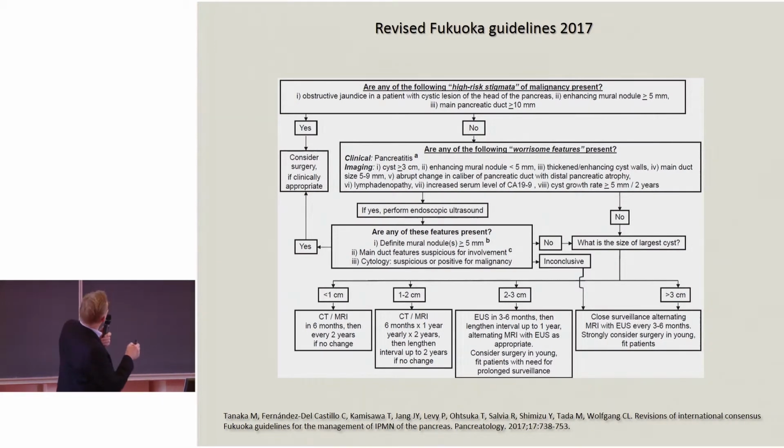Then there are some worrisome features. This is a cyst more than 3 centimeter, enhancing mural nodules below 5 millimeter, thickening or enhancing cyst wall, main duct size between 5 and 9 millimeter, abrupt change in caliber of pancreatic duct with distal pancreatic atrophy, lymphadenopathy, increased serum level of CA19-9, and cyst growth of more than 5 millimeter over 2 years.